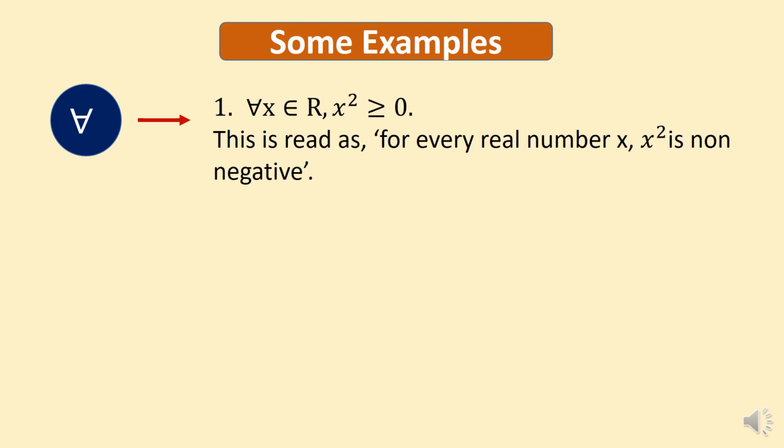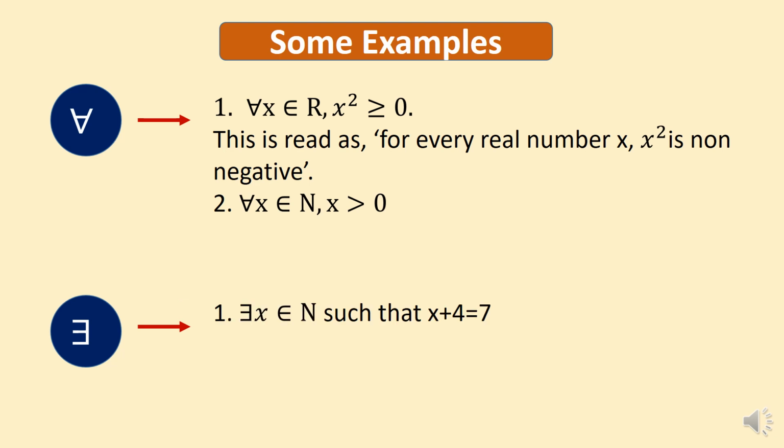Remember, for every means all real numbers are such that when you square them, you get either 0 or something greater than 0. The second example, for every x belongs to N, x is greater than 0. The meaning of it, all natural numbers are always greater than 0. They are always positive.